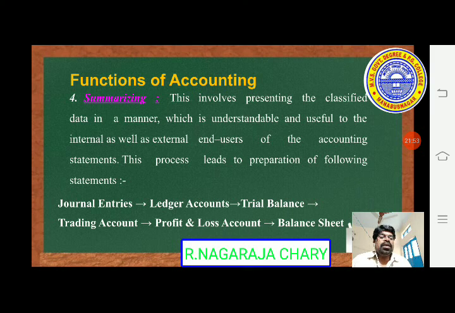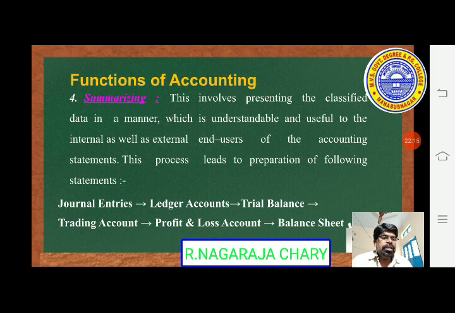If there is no balance, what is the meaning? The debit and credit balances will not be equal. Debit and credit mean here giving aspects and receiving aspects are not equal.